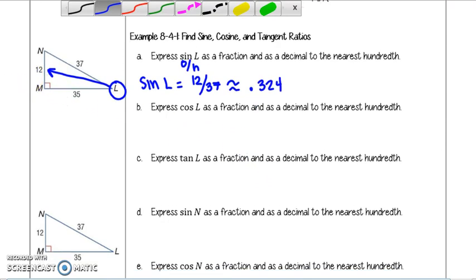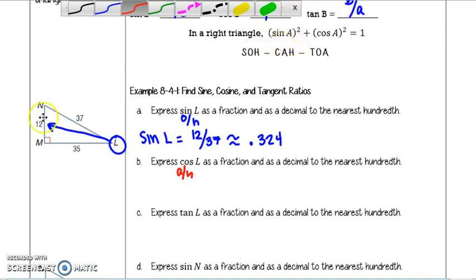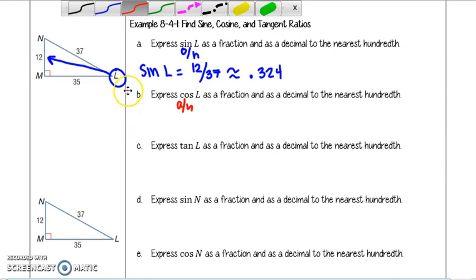All right, cosine L. CAH, if we're looking up here to help us remember that ratio. Still from L, the adjacent is going to be 35, hypotenuse is 37. So cosine L is that fraction, which is approximately 0.946.